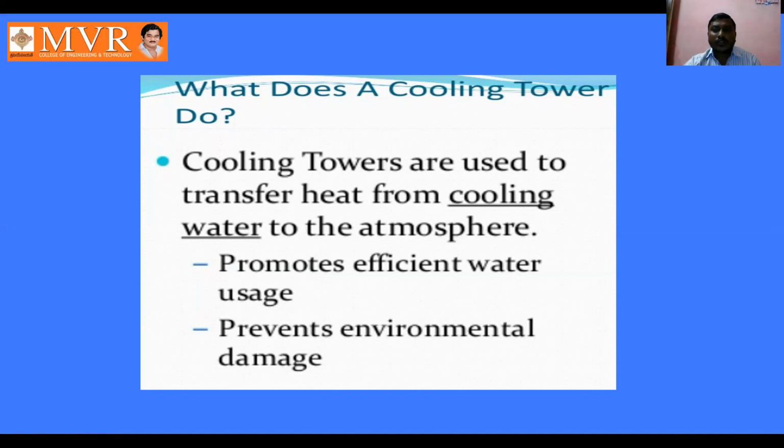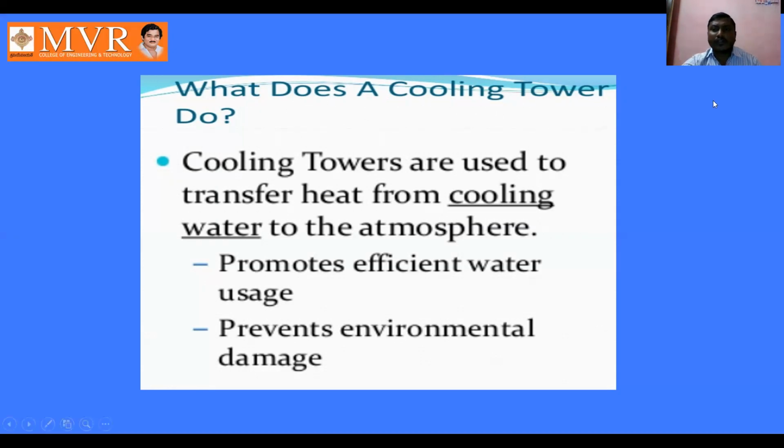And we know the procedure: the hot water coming from the condenser is sprayed into the cooling tower, and the air which comes upward carries away the hot air outside to the atmosphere, and it gives cold water to the condenser again. This is what we have studied here.